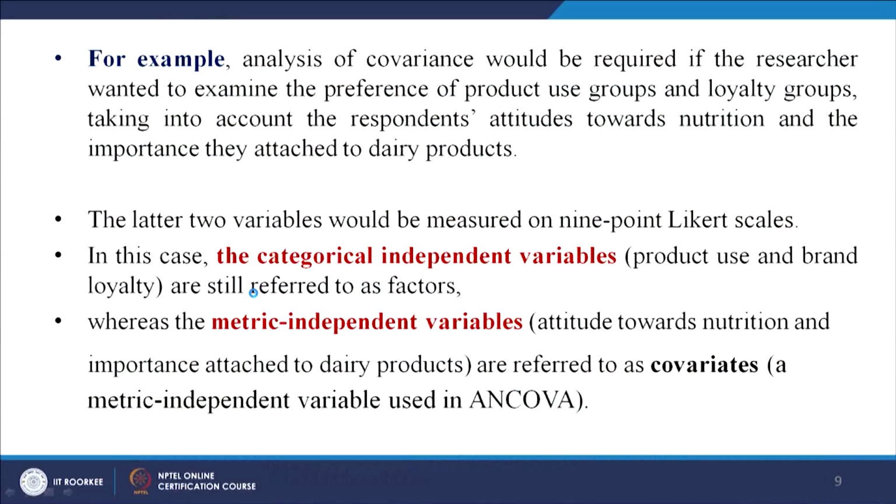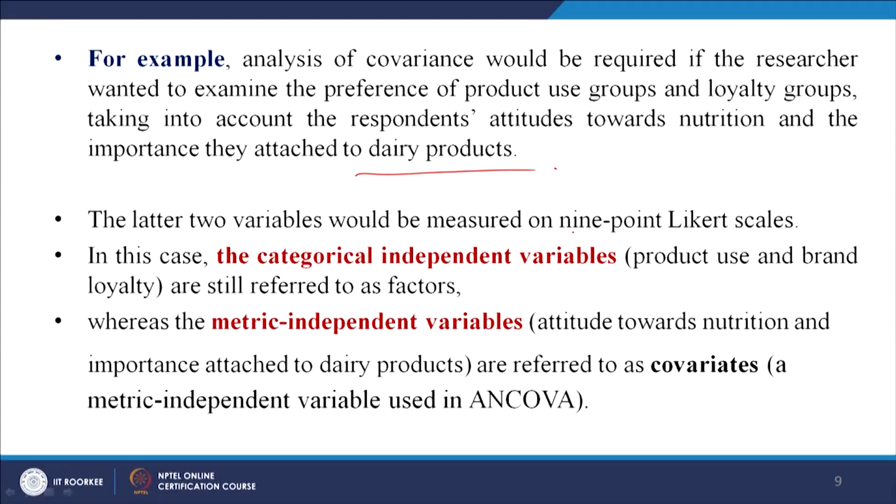Example of analysis of covariance. It would be required if the researcher wanted to examine the preference of product use groups and loyalty groups, taking into account the respondents' attitude towards nutrition and the importance they attach to dairy products. Suppose you also measured the attitude of the respondents towards nutrition, how much value they gave to nutrition, and how much importance they attach to dairy products.